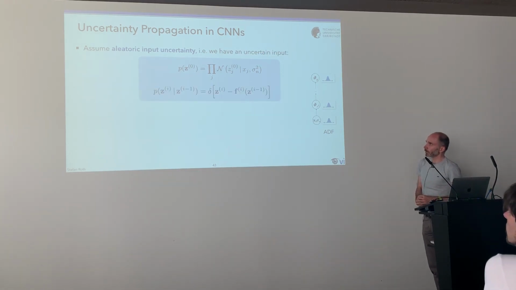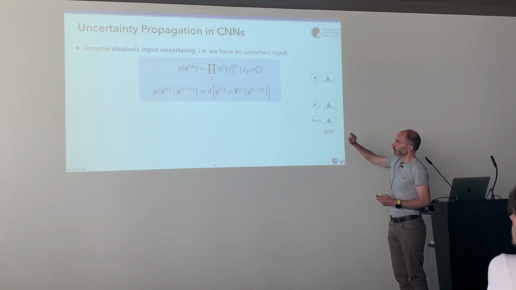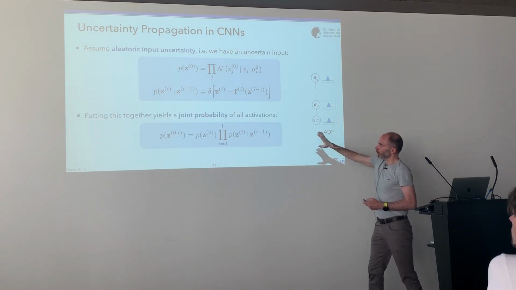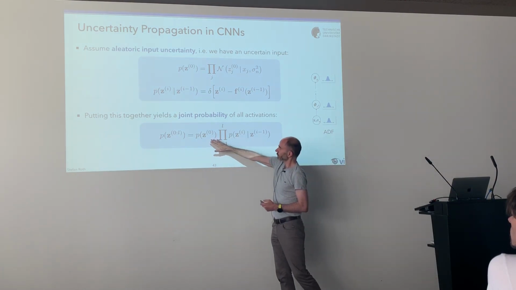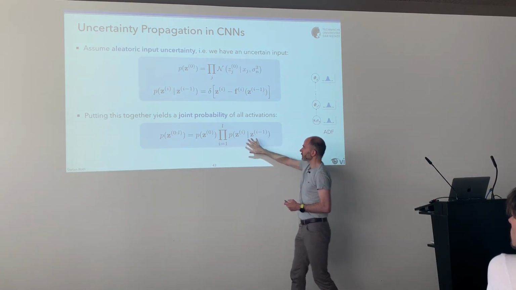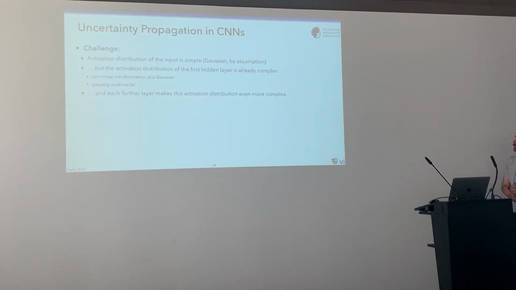So the problem is, if I do that, that's the basic assumption that I'm making. I'm getting a joint probability over all of the activations. So I have my input distribution, the input uncertainty, and then I have my activations for the layers, and it simply factorizes like a chain network. Okay.